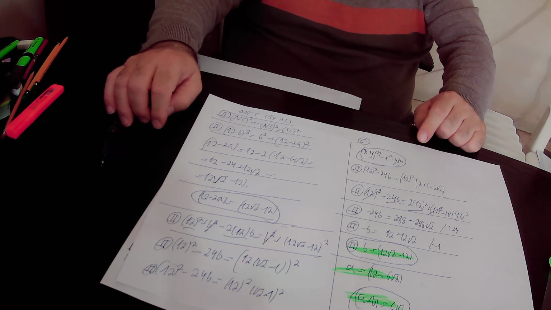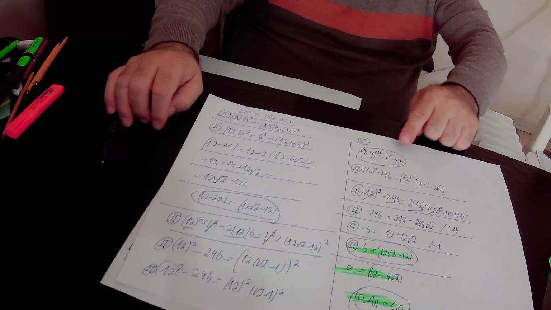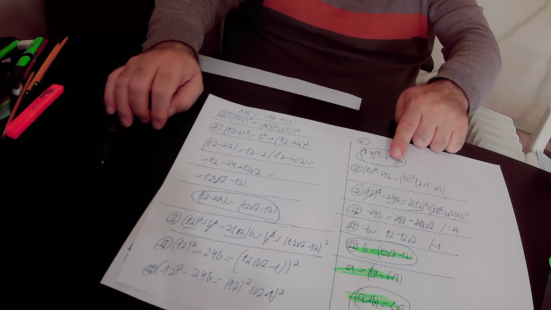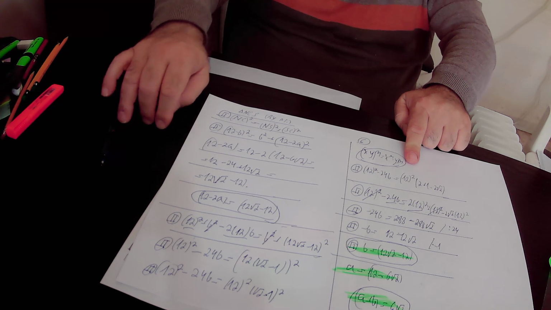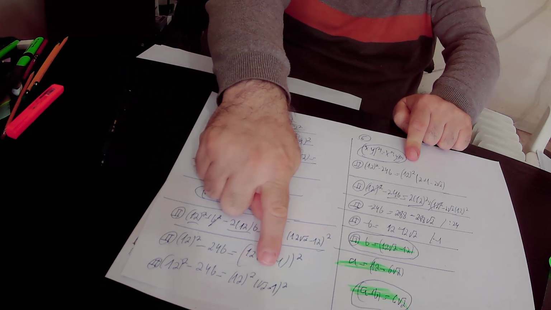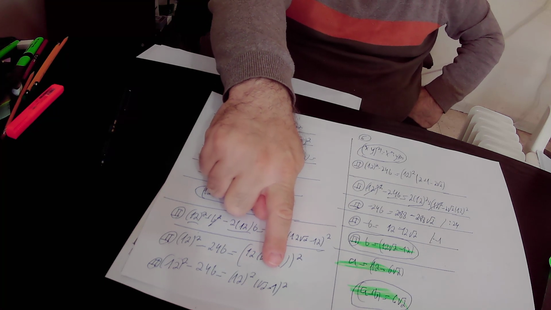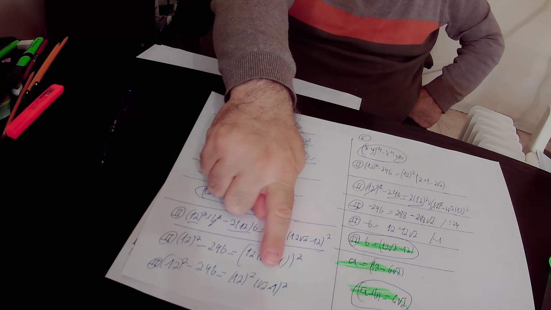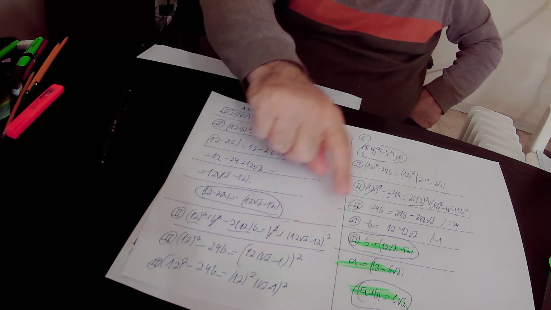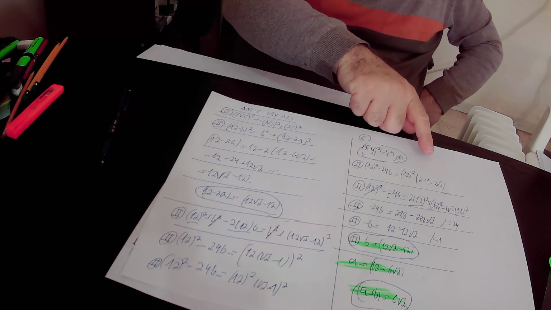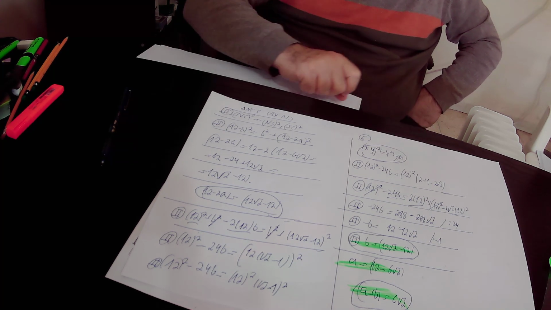So we have 12 square minus 24B equals 12 square times the square of square root of 2 minus 1. We calculate the value of square root of 2 minus 1 squared: it equals square root of 2 squared, that is 2, plus 1 squared, that is 1, minus 2 times square root of 2 times 1.